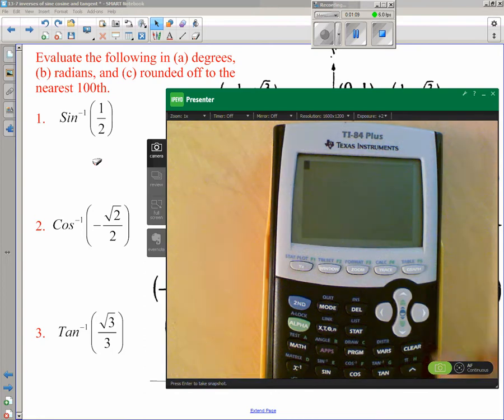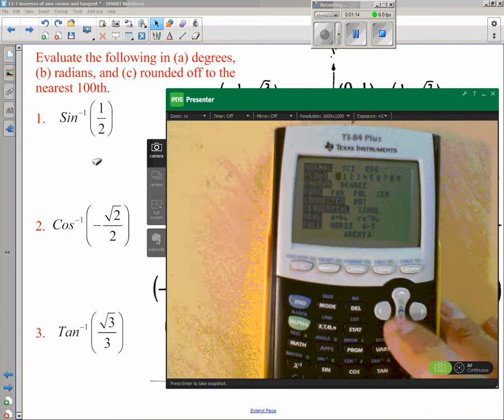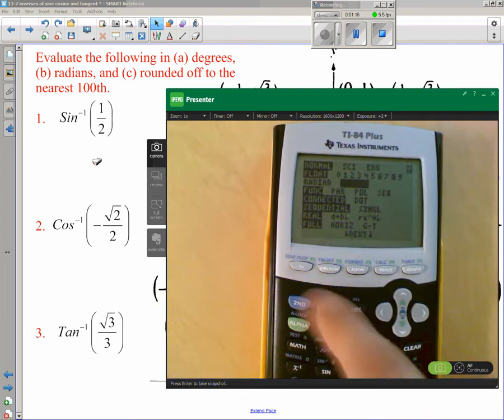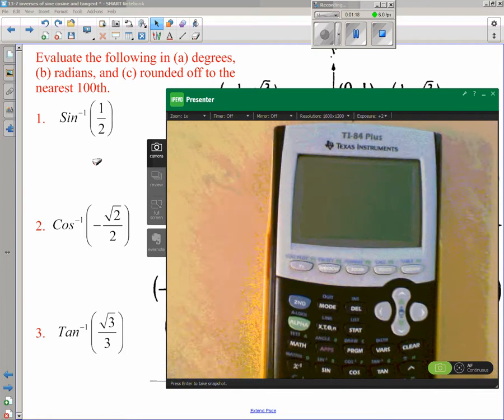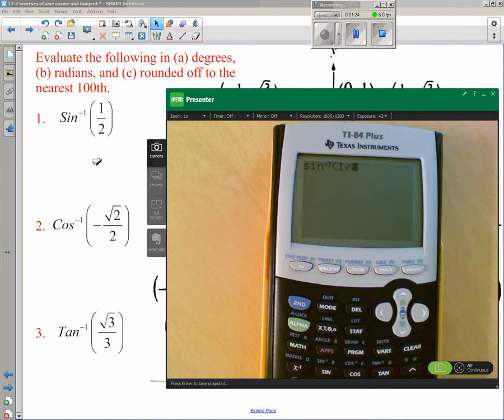So let's go to mode and make sure we're in degrees. If you have a different calculator, it's a different process there. Now we're in degrees. We want to know what the sine inverse of 1/2 is. 30 degrees. Okay. What the calculator gives you is what's called the principal values.